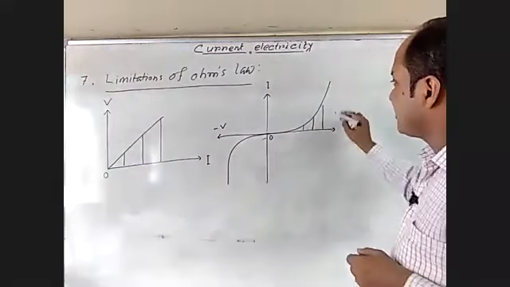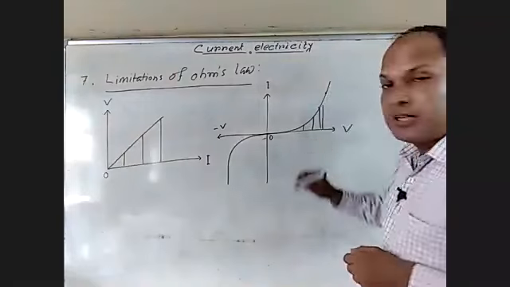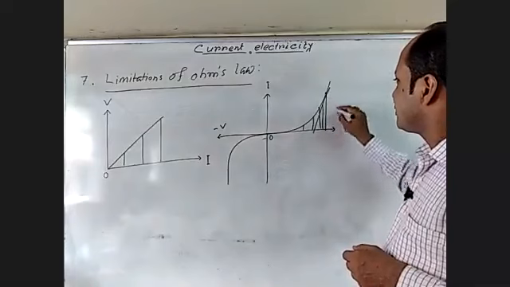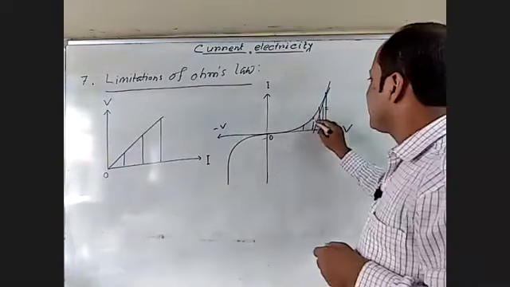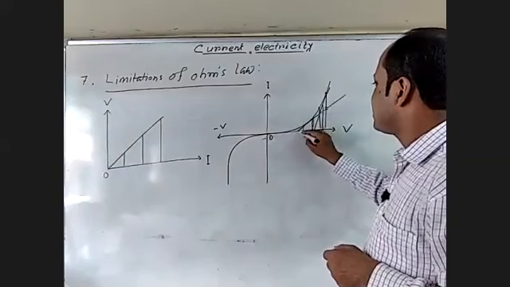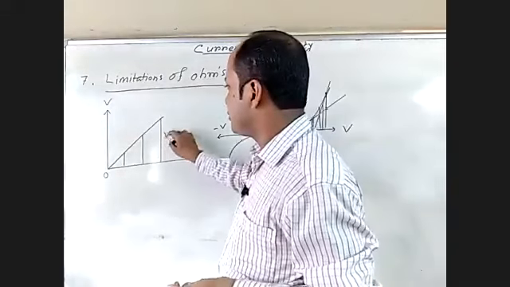So whenever you take this point and that point, the slope will be different. Here the slope is this. This is voltage and this is current. The slope will be different.